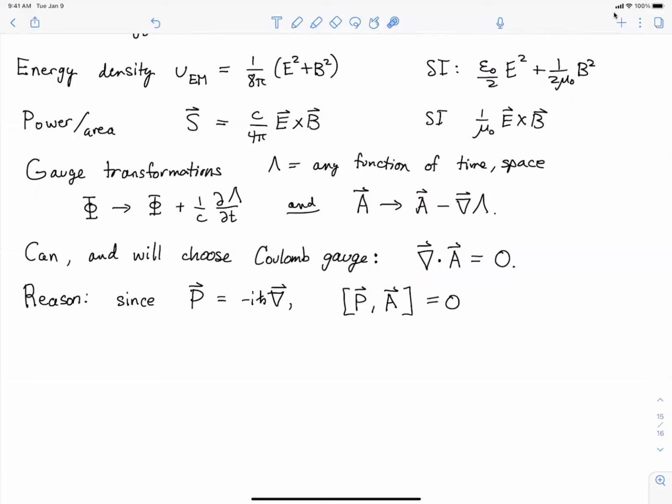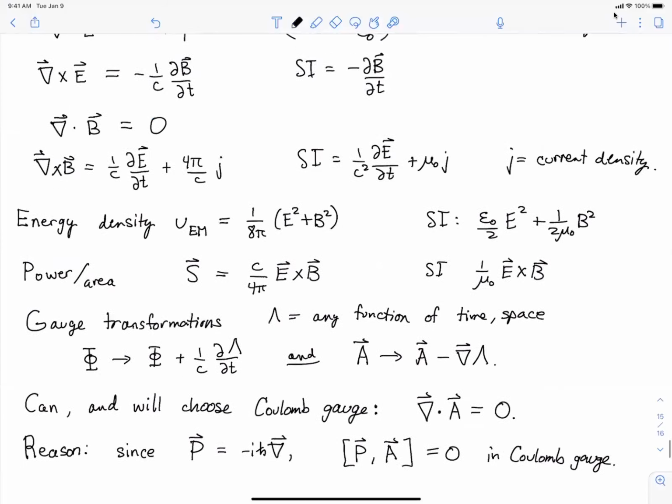So this is true in Coulomb gauge. And so the reason that's convenient is now, when I write down things that involve both P and A, I don't have to worry about what order I write them in because they just commute with each other anyway.